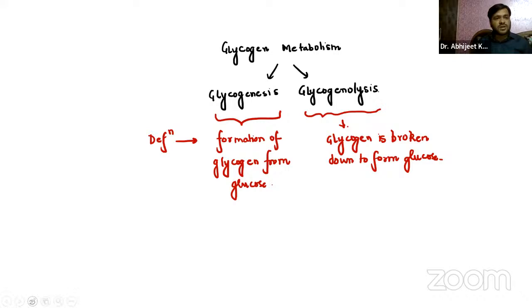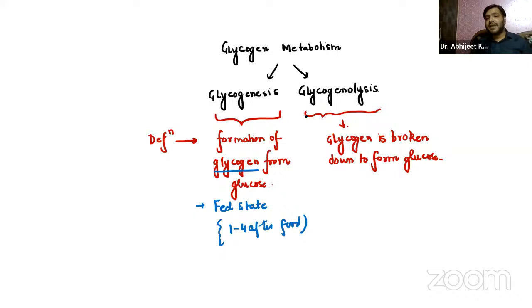Now, this glycogenesis, I've already told you, when will glycogen be formed in the body? When you have taken a lot of sugar, a carbohydrate-rich diet, when you have eaten 2-3 chapatis. It is in the normal fed state, usually 1 to 4 hours after food. When you have eaten a lot, the extra glucose is forced to form glycogen, and glycogen will be stored in the body.